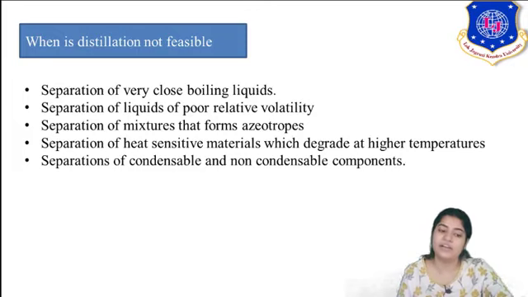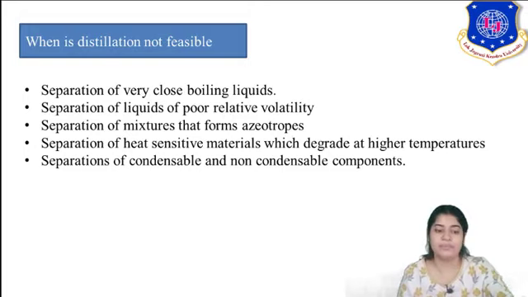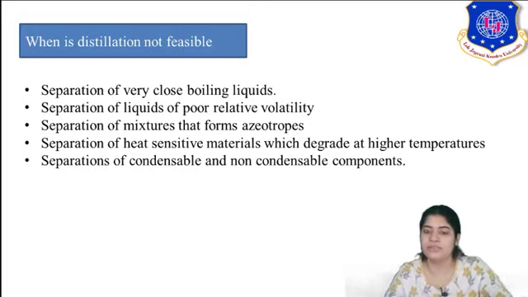Then it is again not feasible for separation of mixtures that form an azeotrope. Azeotropes we will cover later on. Another one is separation of heat sensitive materials which degrade at higher temperatures. Your distillation process is carried out at 1 atmosphere pressure.